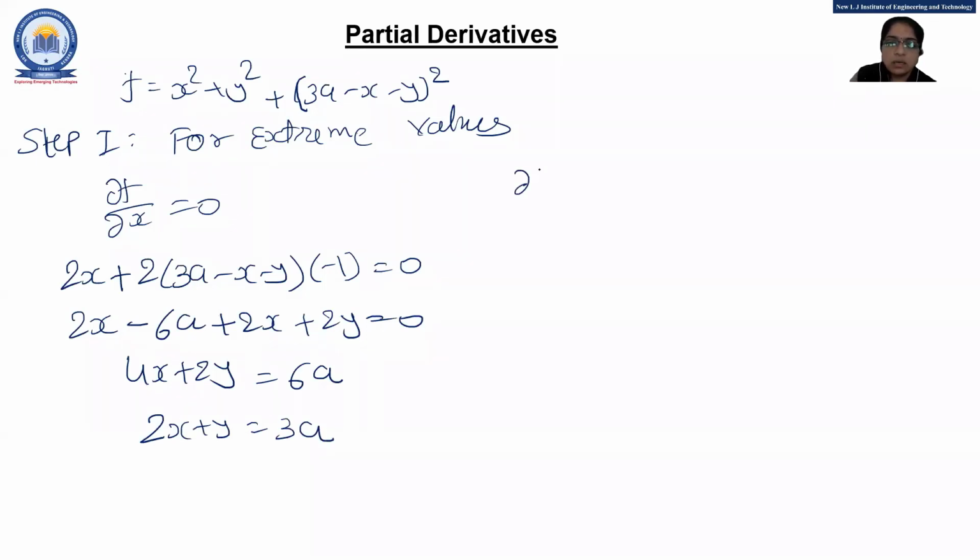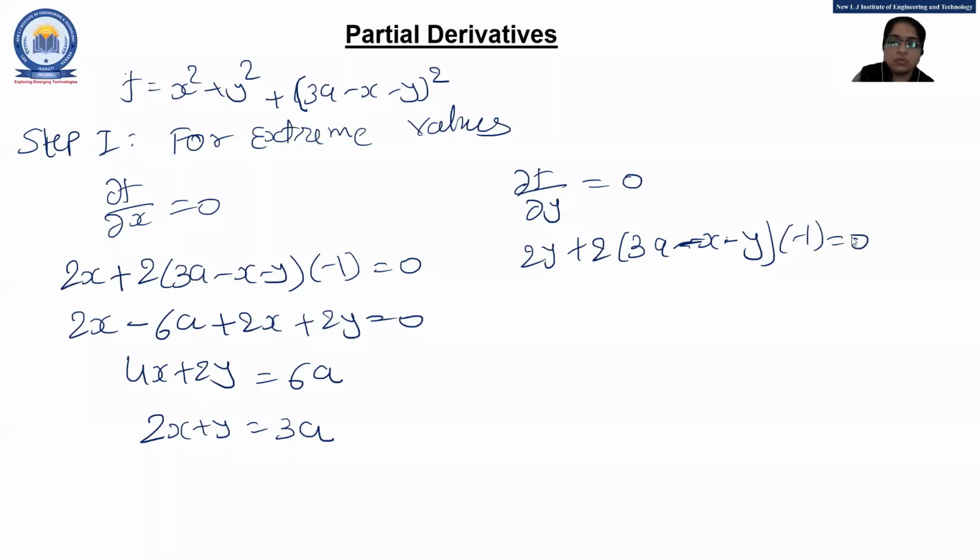Now similarly, by the partial derivative of f with respect to y, I have 2y plus 2 times (3a minus x minus y) into minus 1 equal to 0. So after simplification, 2y minus 6a plus 2x plus 2y equal to 0.